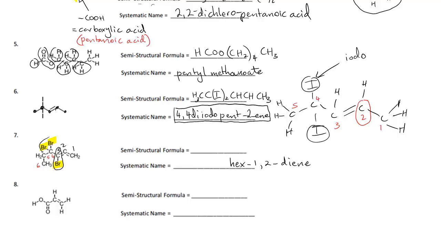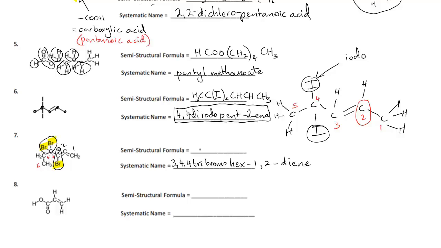There are also 2 bromo on carbon number 4. So actually you would provide the systematic name by going 3, 4, 4, then it's tribromo hex-1,2-diene. So it's quite a long name, this one.